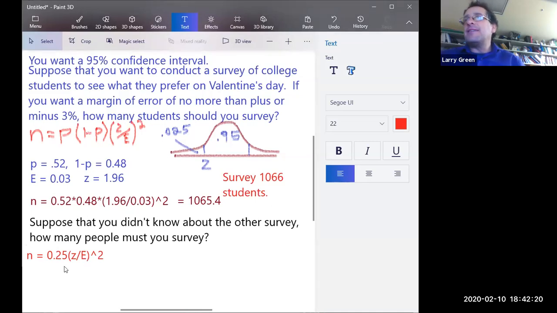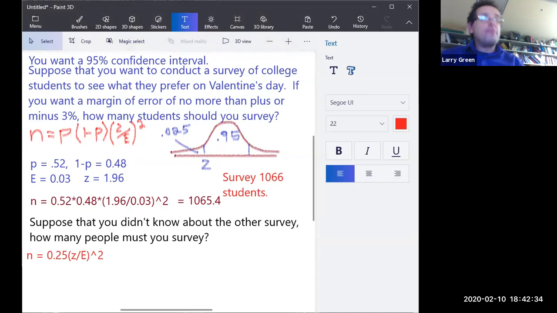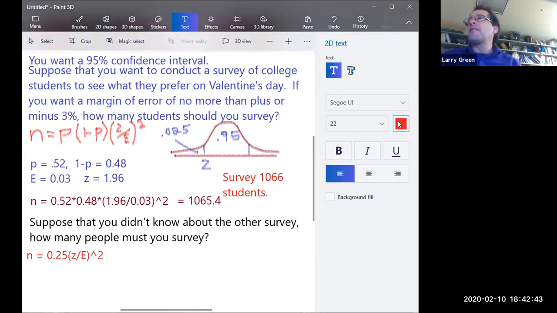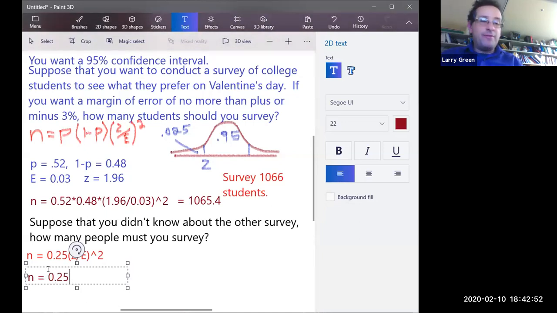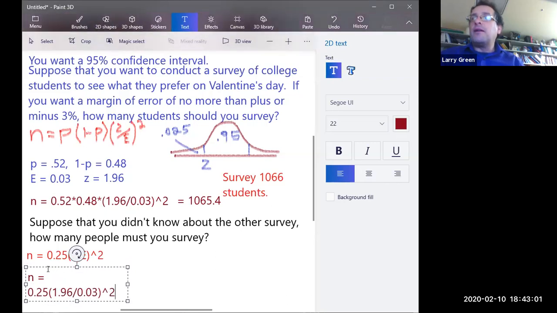The nice thing is it's a little easier, because we don't have to deal with p and 1 minus p, we just have that number. We have the same z and the same E, so we can just put it in the calculator. And what I get is 1,068. In particular, n is equal to 0.25 times 1.96 divided by 0.03, squared.